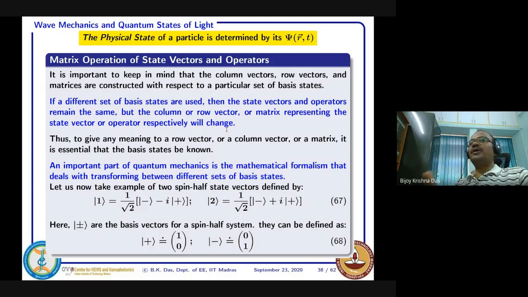If you add all these new components, it will give you the same result. Only the component values will be different. That's it. Thus, to give any meaning to a row vector, a column vector, or a matrix, it is essential that the basis states are known. That is what I said.